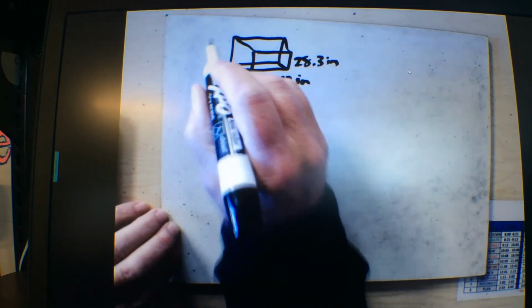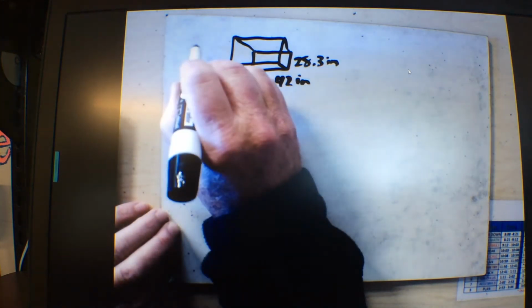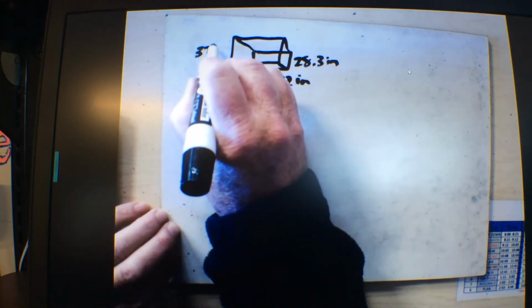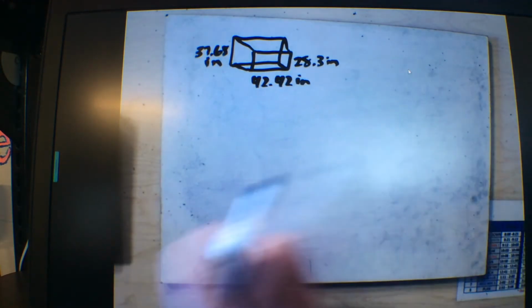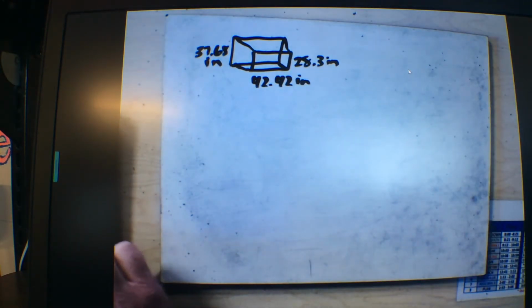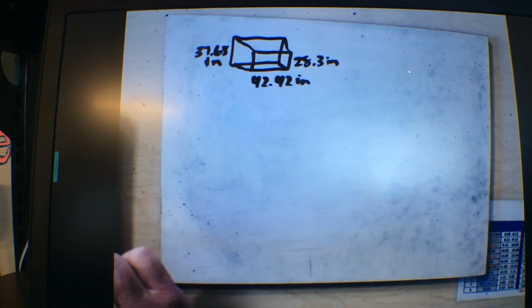And then the top of it is, let's say, 37.68 inches. Okay? All right. Do we got that? How would I find the volume of this, Ryan?